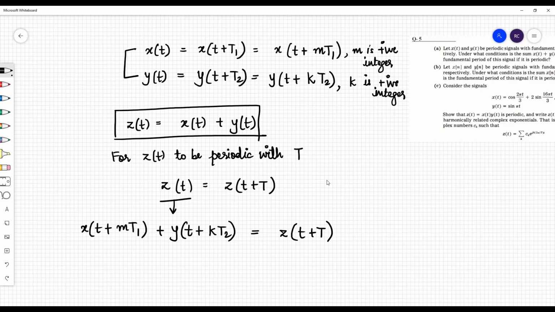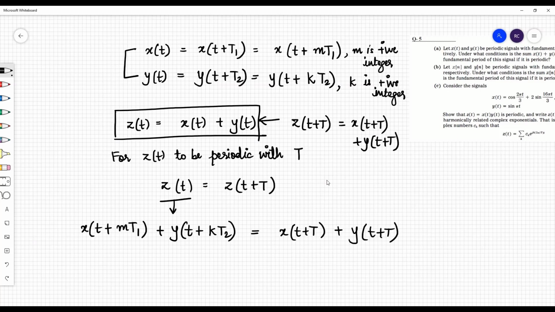And what would be z of t plus capital T? Just replace t with t plus capital T everywhere. That means x of t plus capital T plus y of t plus capital T, right? So instead of z of t plus capital T, I could just write this.